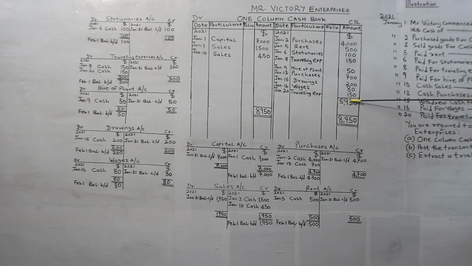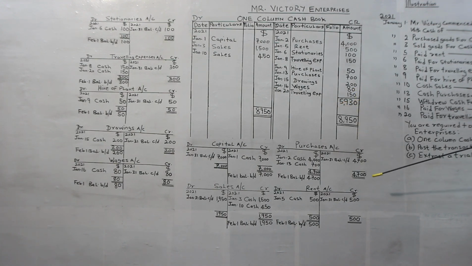Now, we find the difference between this and this. The total amount received by the cashier, which was transferred from here to here, is 8,950. If you deduct the total amount spent from this, it becomes 8,950 minus 5,930.